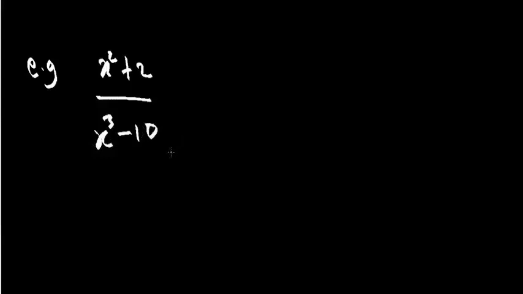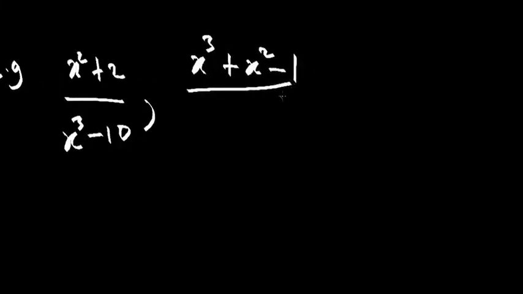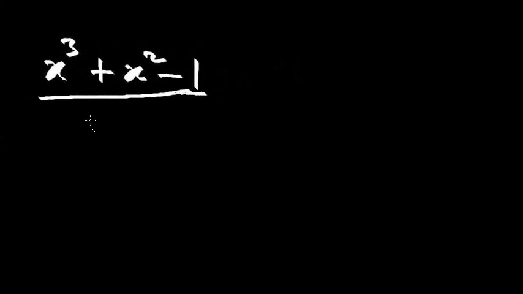An example of a rational function is x squared plus 2 all over x cubed minus 10. We also have x cubed plus x squared minus 1 all over x squared minus 1.